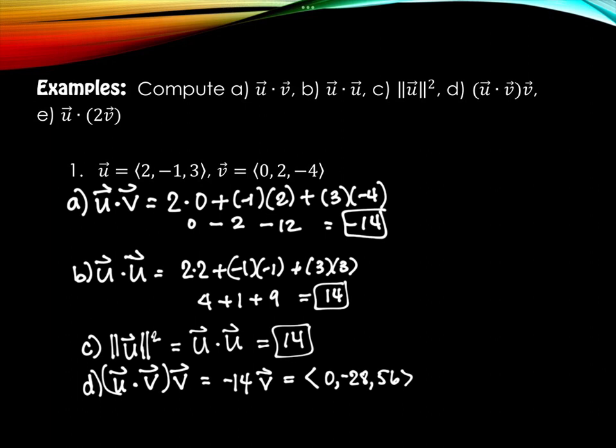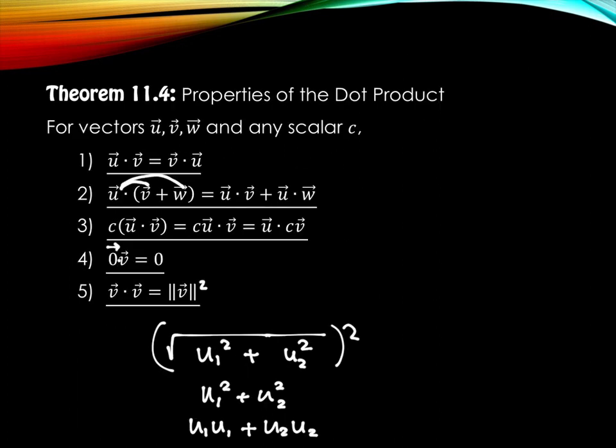And our last one, E, is u dot 2v. Now, we can do this. You can multiply 2 times v and then multiply that times the other one. But there's an easier way to do this problem. So we have a property over here that talks about some associativity of how I can move scalars around.